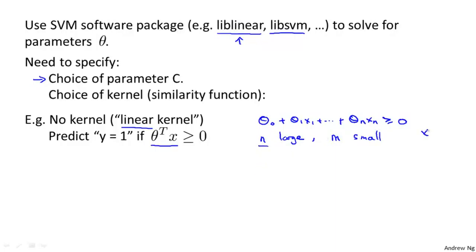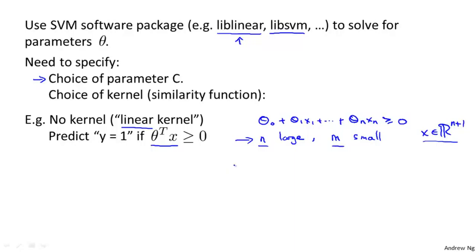If x is in R^(n+1), so you have a huge number of features already with a small training set, maybe you want to just fit a linear decision boundary and not try to fit a very complicated nonlinear function, because you might not have enough data and you might risk overfitting if you're trying to fit a very complicated function in a very high dimensional feature space, but your training set is small. So this would be one reasonable setting where you might decide not to use a kernel, or equivalently to use what's called a linear kernel.